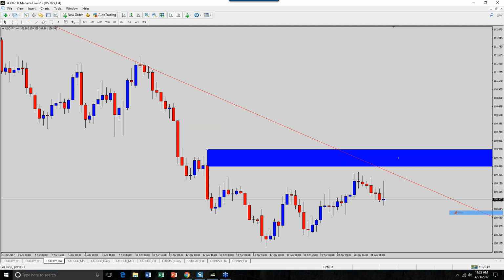The reason I'm looking in that region is because once again, we've had a touch over here, and then we've had a drop. There's been a big push up and then a drop, but as you go left, you have this over here as a previous zone. When I do my analysis, I'm looking left.